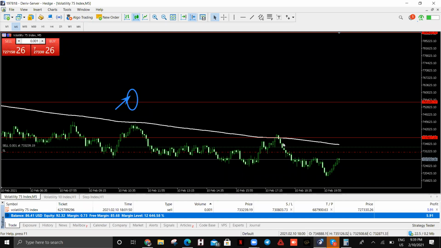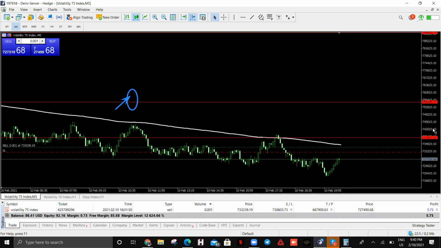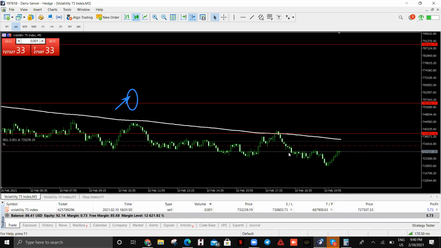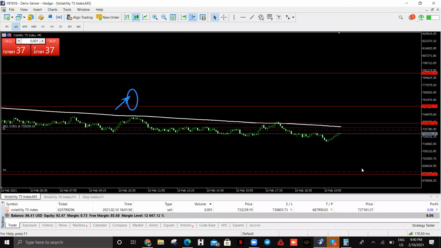It was 2 entries. One has hit my take profit, and the other one is still going. I'm expecting it to come down to the next pivot level and hit it here. But if it doesn't hit the pivot level, my trade is in profit already, and my trade is secured. So if I leave this in and I go to bed, 2 things are going to happen. It's either going to hit my stop on profits and I'll make $2.44, or it reverses and comes down here and gives me $45.